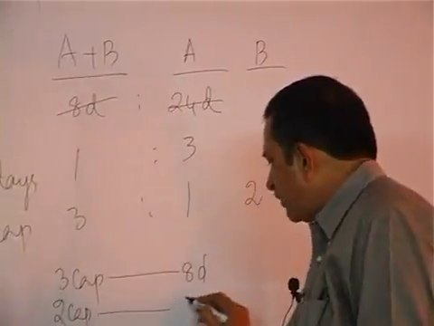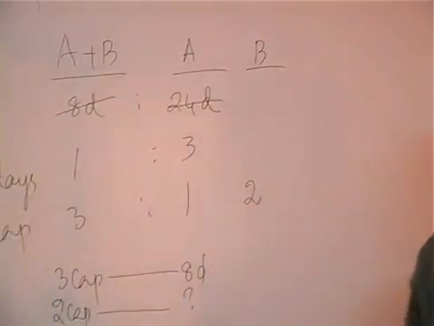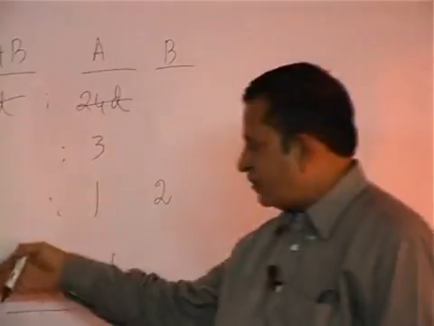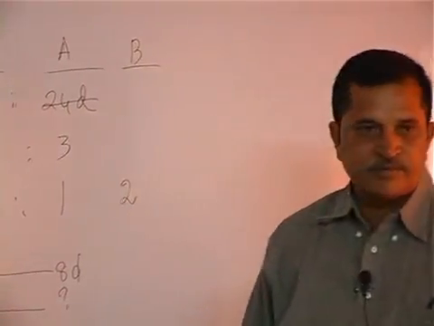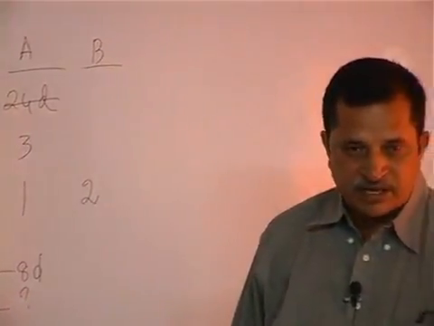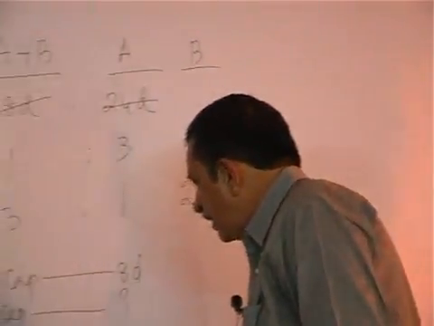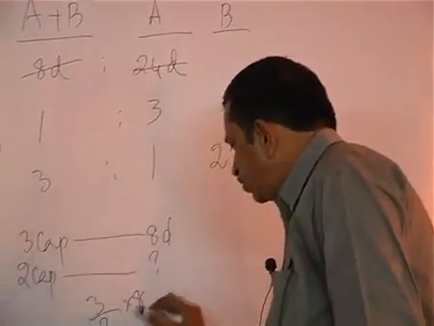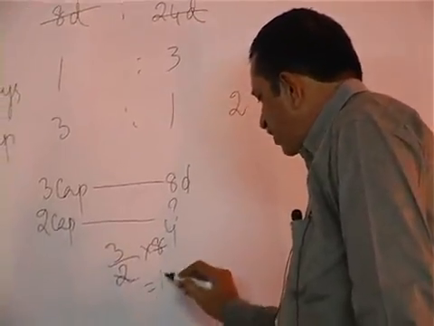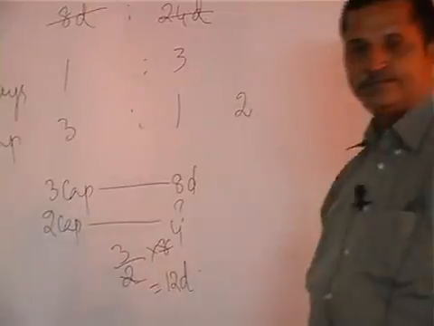Working with 2 capacities, how many days are required? Since the capacity is reduced, the number of days required will be more. More by less into 8, 2 4s, 3 into 4, 12 days.